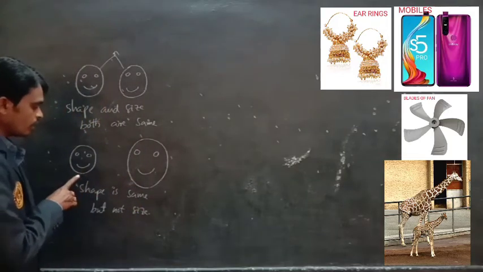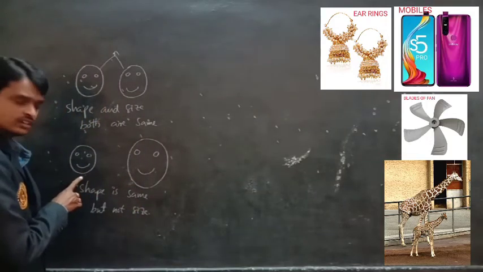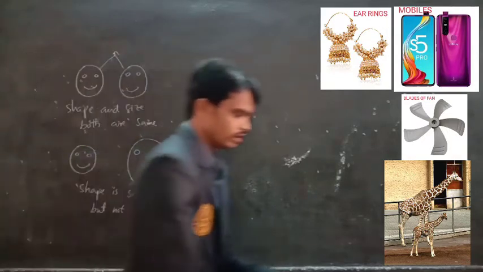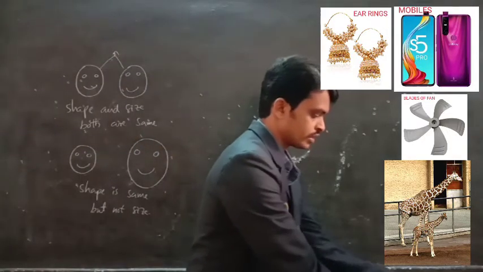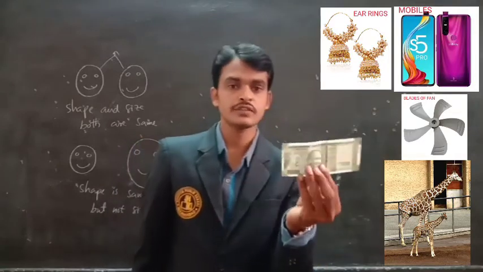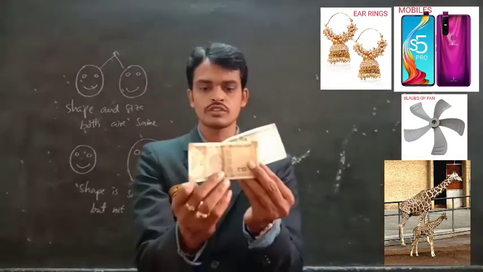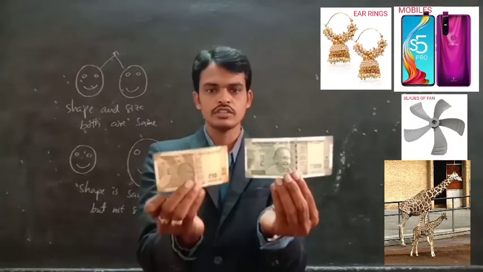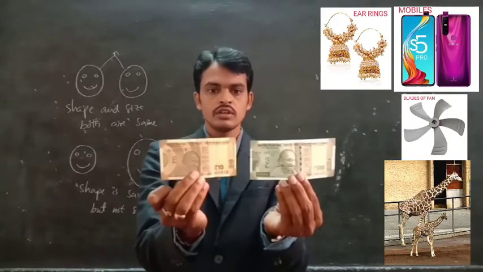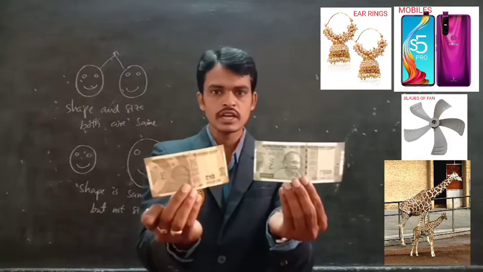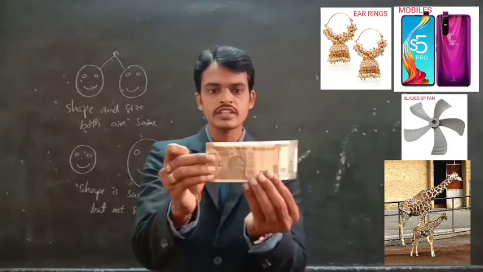Here, the sizes are different, but the shapes are the same. Look at one more example. This is a 500 rupees note, and this is a 10 rupees note. Both are in rectangular shapes. The shapes are the same. Then what about the sizes?